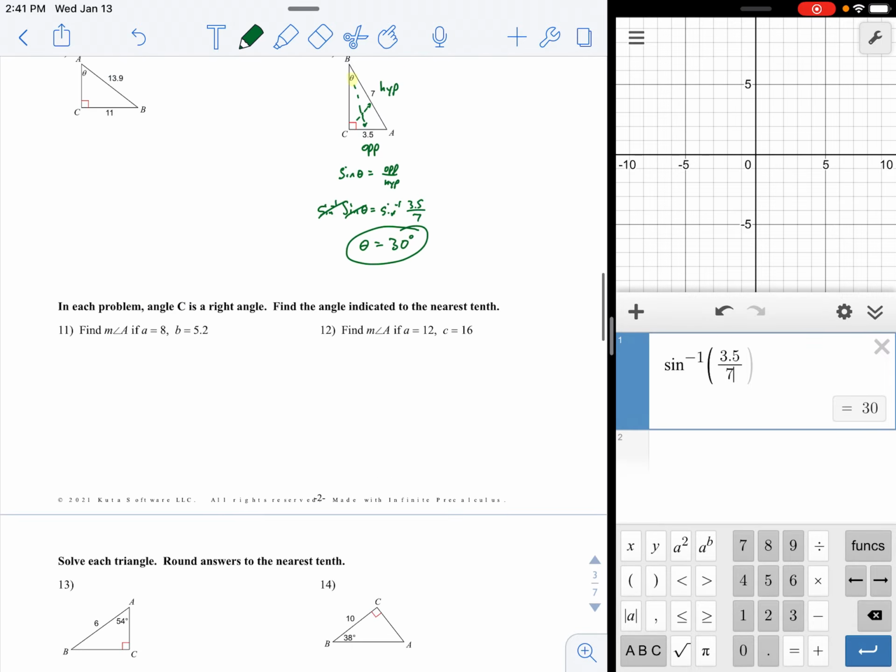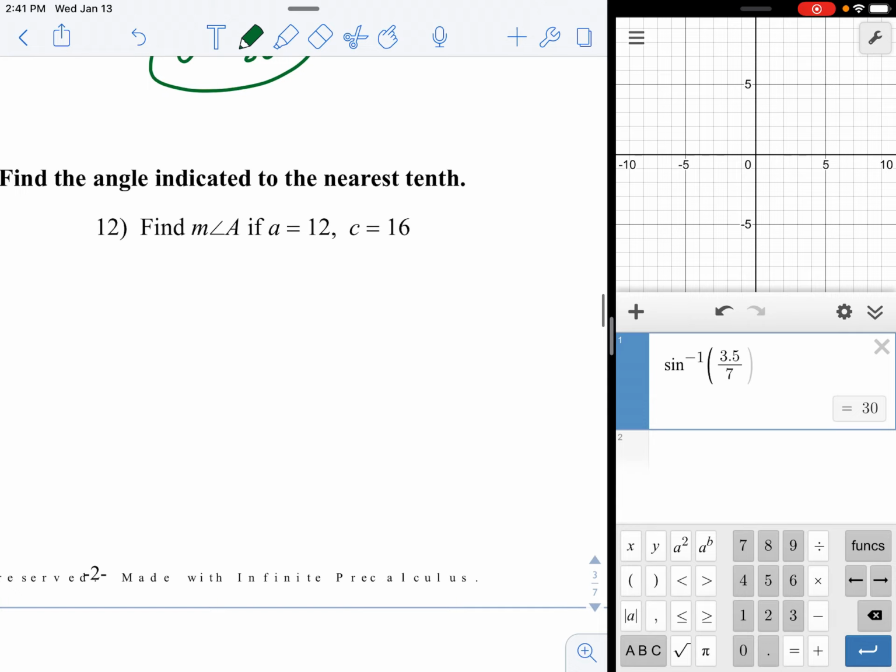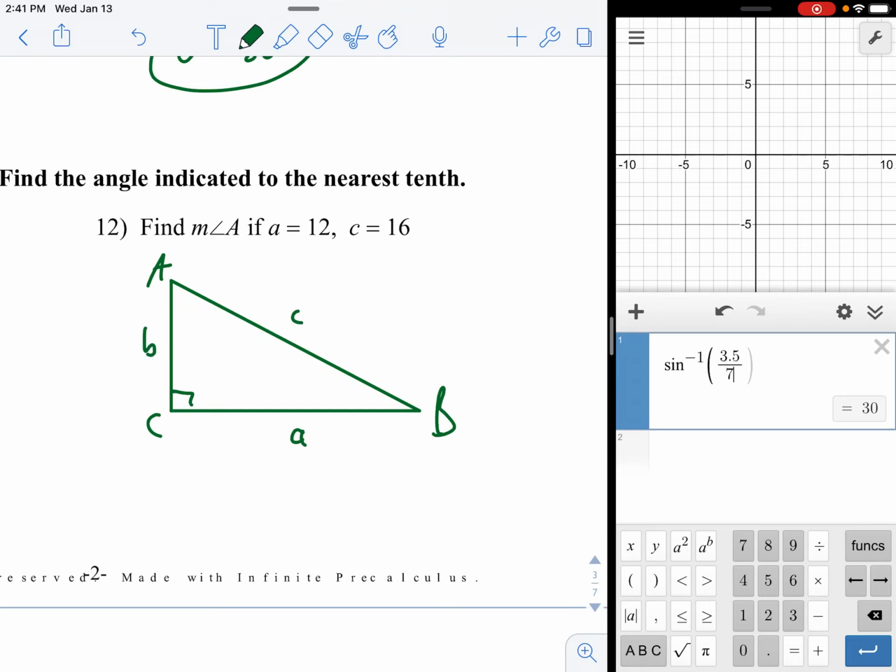Number 11 is the same type of question, but no diagram provided. So, yeah, good enough. A, B, C, little a, little b, little c. Find measure of angle A, so that's our theta.